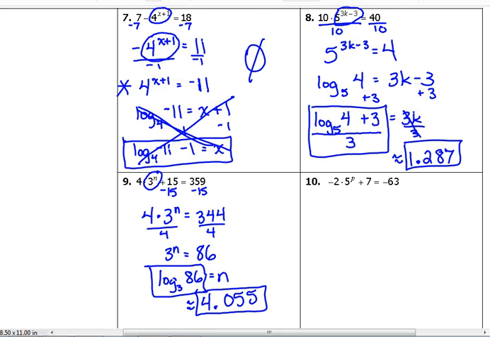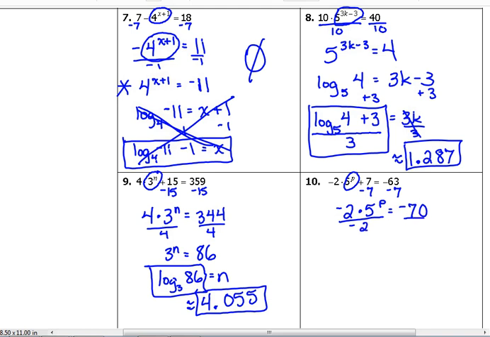Okay, number 10. Negative 2 times 5 to the p plus 7 equals negative 63. What do we need to do first? Anybody? Subtract 7. Negative 2 times 5 to the p equals negative 70.